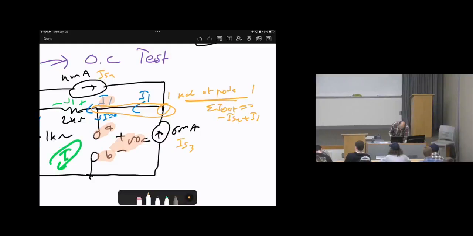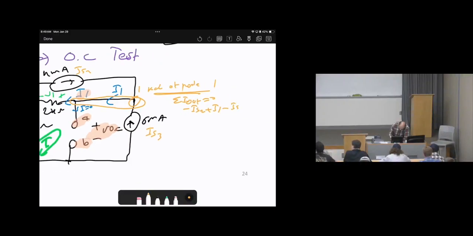Then I source 3 is entering, therefore minus IS3 equals 0. Therefore I1 will be IS2 plus IS3. Then it will be 4 plus 6. Then it will be 10 milliamperes.